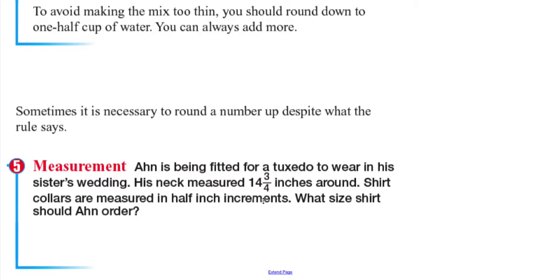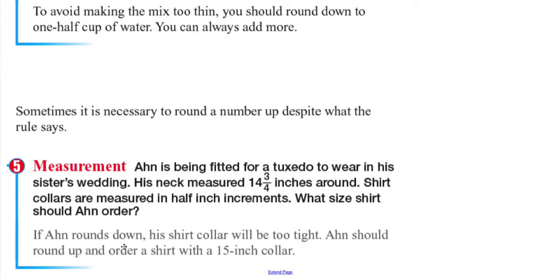So again, think about this logically. If Ann rounds down, his shirt collar will be too tight. So that means Ann should round up and order a shirt with a 15-inch collar, because once it's too tight, that collar won't be able to close, and there goes your tie.